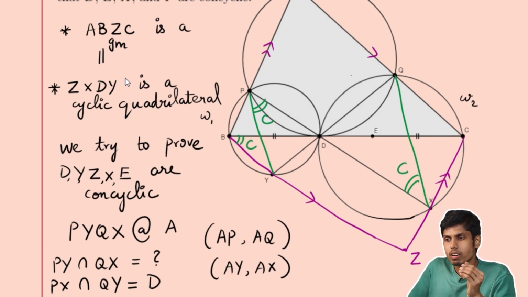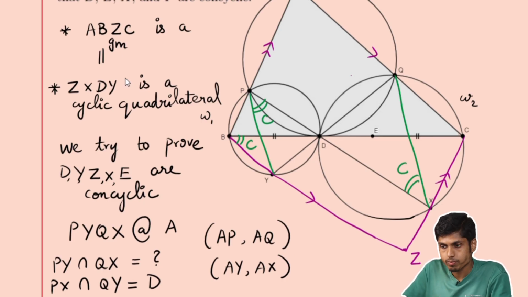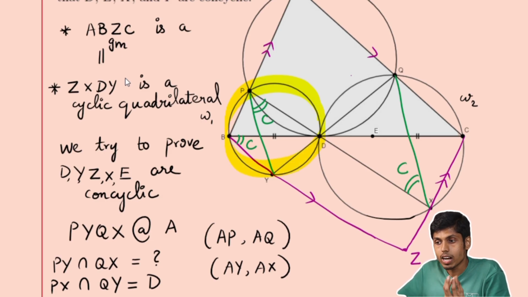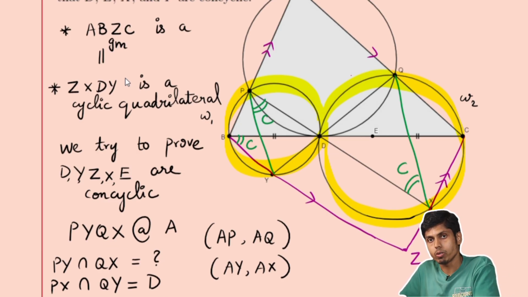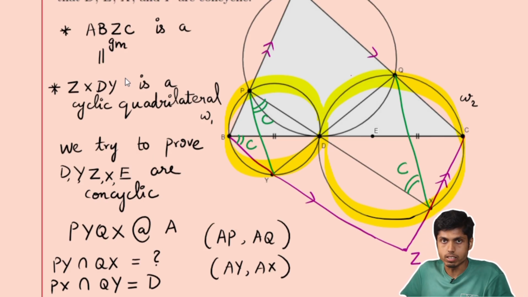But I would say a better way to visualize this is through homothety. If you consider this circle, omega 1, it can be transformed to omega 2 by just a homothety with a negative scale factor. You just scale it and reflect about D. You will get this. And this is true for any tangential circles.